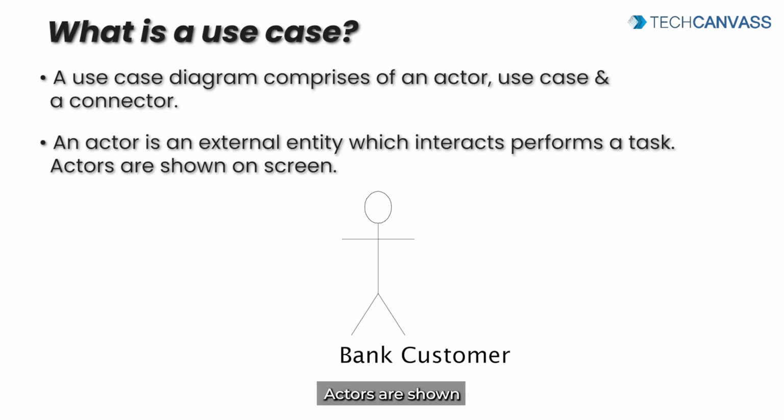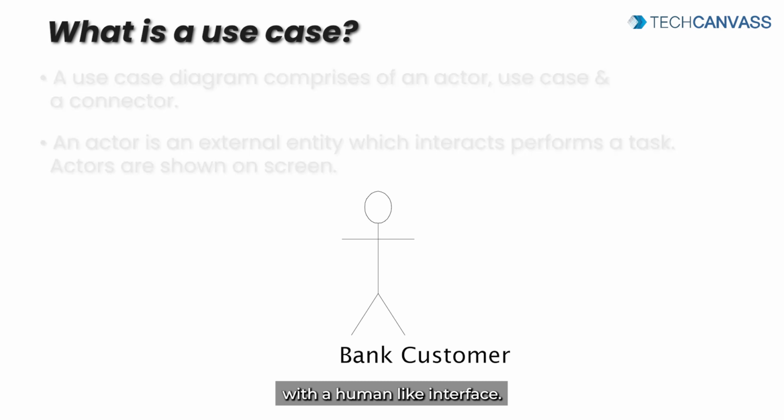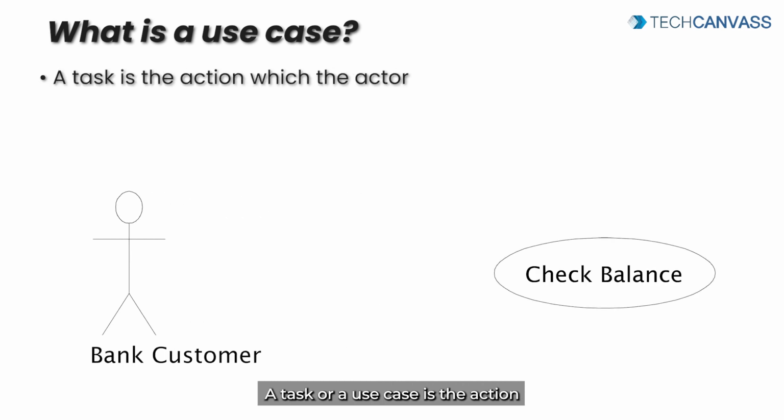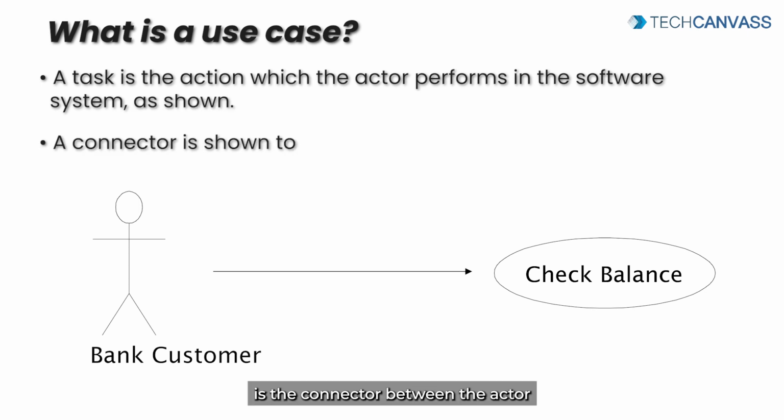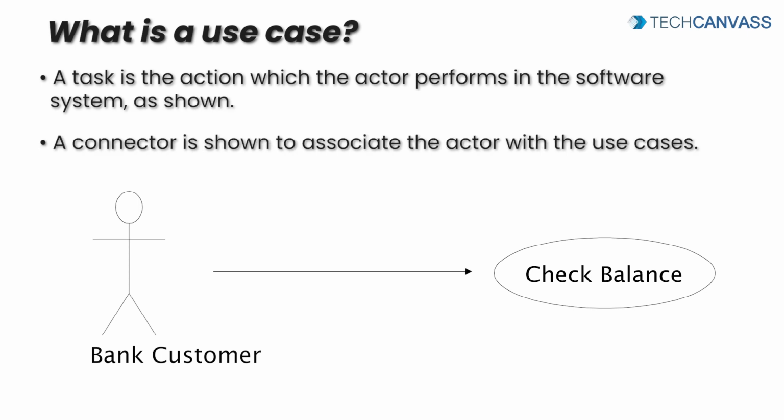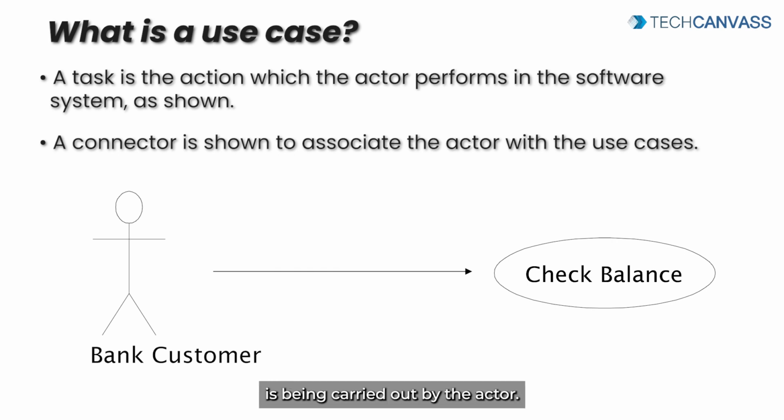Actors are shown with a human-like interface. A task or a use case is the action performed by the actor. A connector is the connector between the actor and the use case to indicate that this particular task is being carried out by the actor. We will discuss the relationship as we start drawing the diagram.